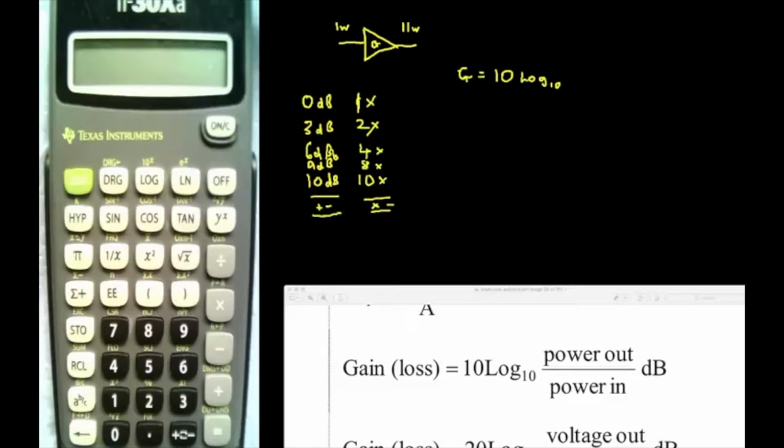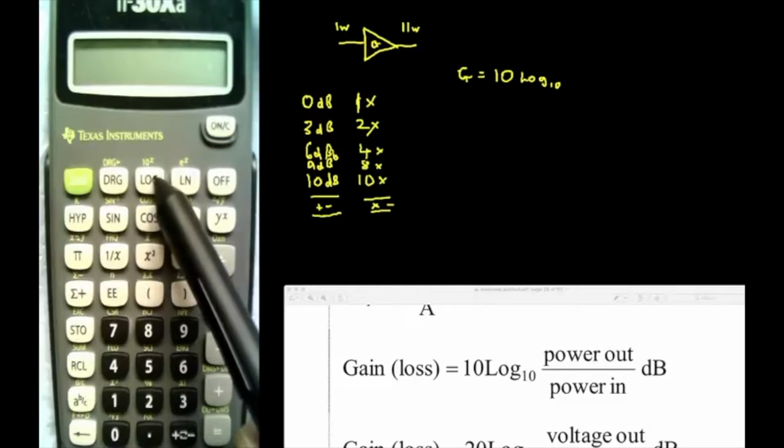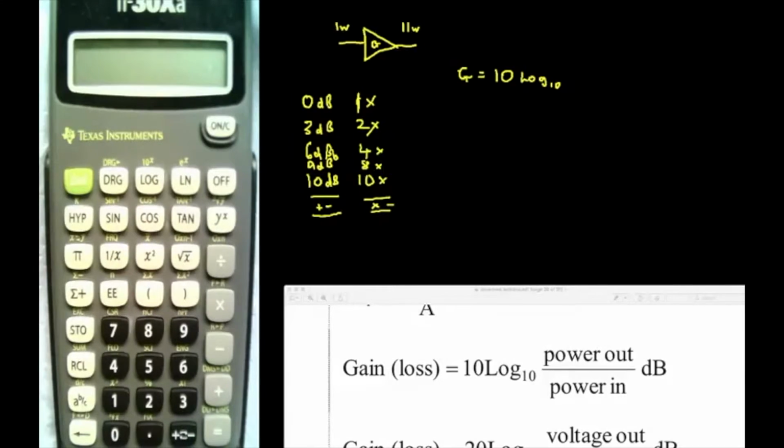If you use the log button here, then that's the correct one to use, because that is the log and anti-log button for base 10. Power out over power in, P out over P in, which is equal to 10 log to the base 10 of 11 over 1.